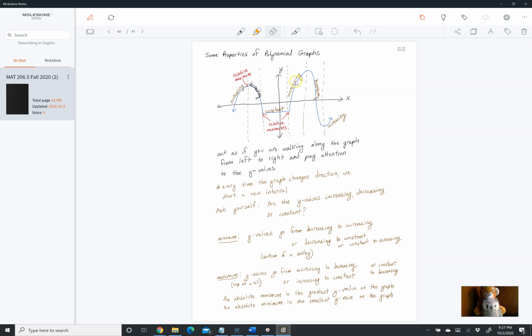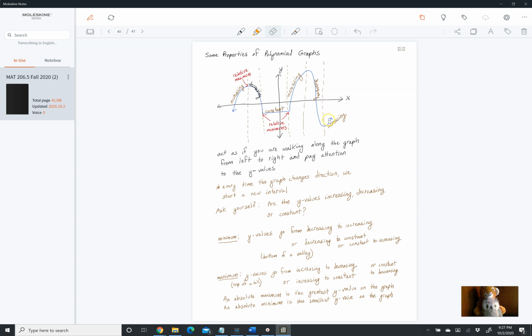Okay, so then over here, we're going from increasing to decreasing. So once again, this is a maximum, so we're at the top of a hill. So then the question is, is it relative or is it absolute? And here you have to look at the arrows before you decide, okay? So this is actually a relative maximum because it's higher than this one over here.